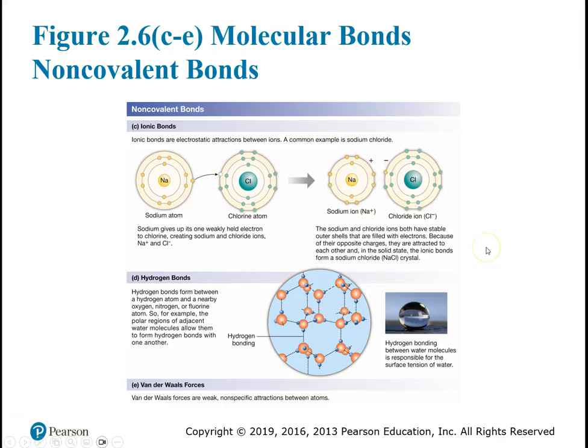So they tend to stay pretty close to each other, but they can be split apart with a little bit more ease than if they were actually sharing those electrons. And then hydrogen bonds, again, very commonly formed between water molecules. This is how we can get water drops because of the surface tension, but it's also pretty easy to break. It doesn't take a whole lot to break this apart.